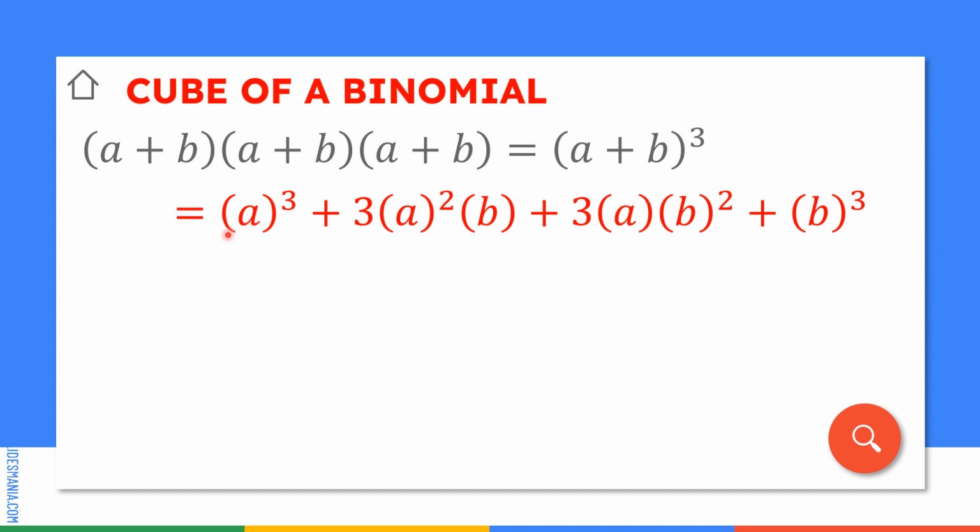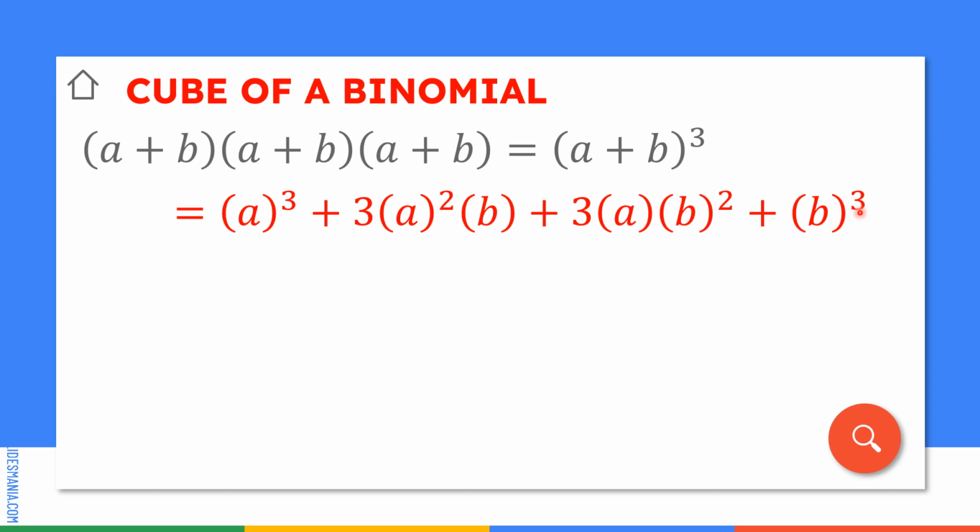Take note of the pattern. For the exponents of the variable a, in each term, it is decreasing. So we have here a cubed, then a squared, a, and then no more a. Same is true with b. For b, it is increasing.